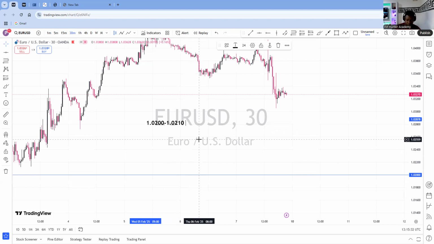And from 1.0200 to 1.0300 gives you 100 pips. Okay, 100 pips.